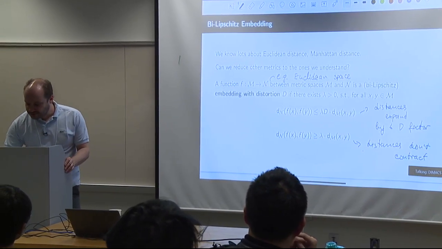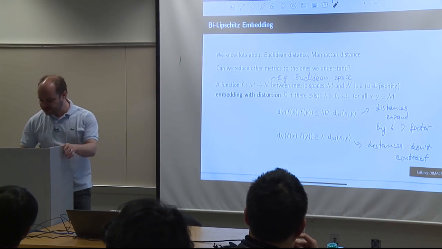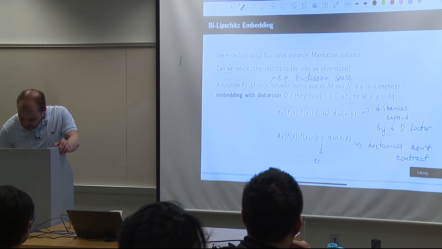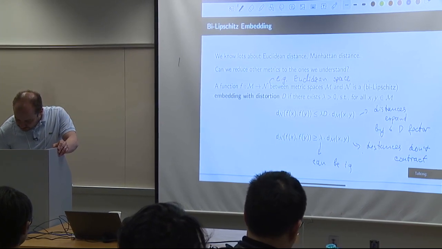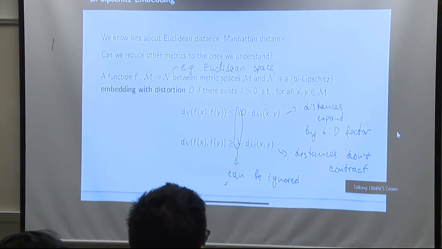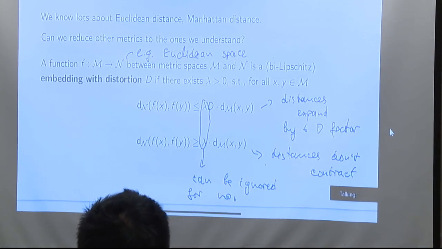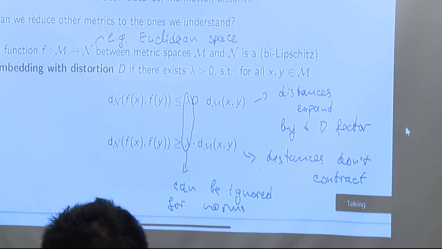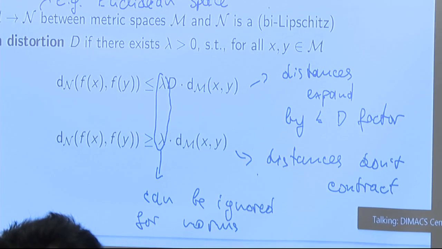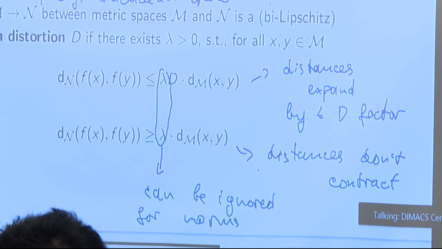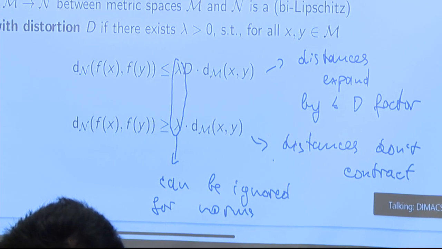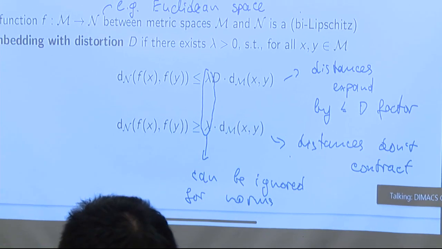So for metric spaces that come from norms, this lambda can be ignored. If someone just says I have a distortion D embedding of something like Earth mover's distance into Euclidean space, that's what they mean usually.